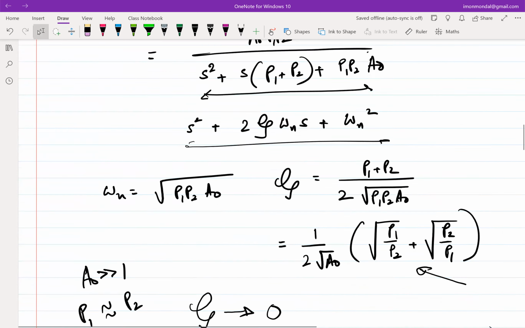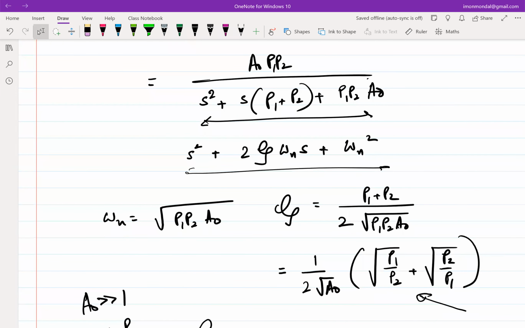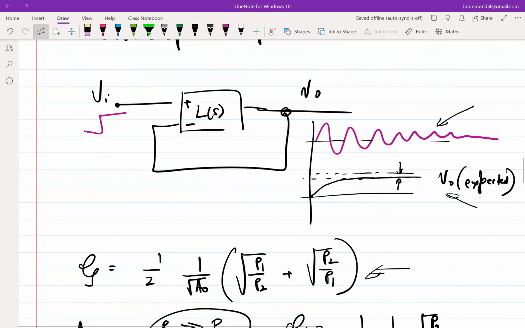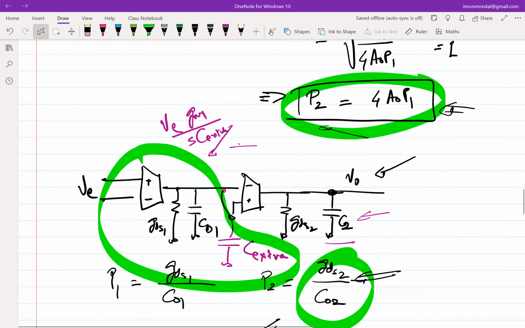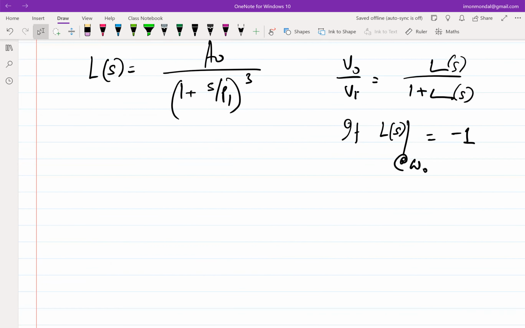When zeta goes to 0, you have S squared plus omega n squared, so this becomes an oscillator in a closed loop sense. Okay. So now let's see under what condition I can get V0 over Vi to be infinite.